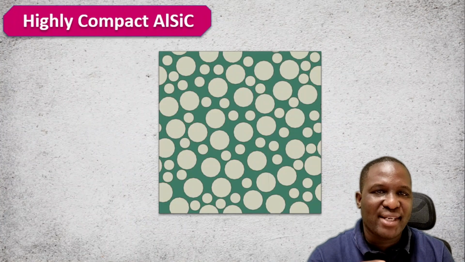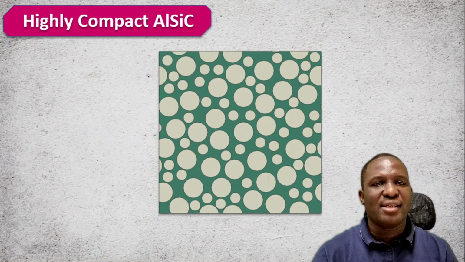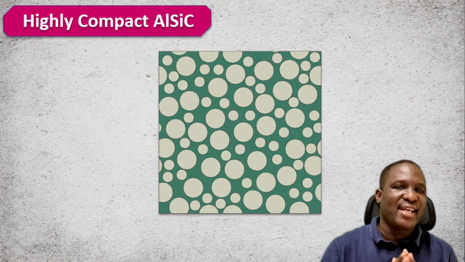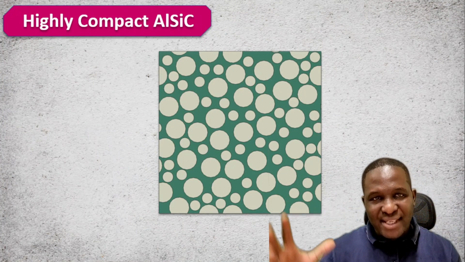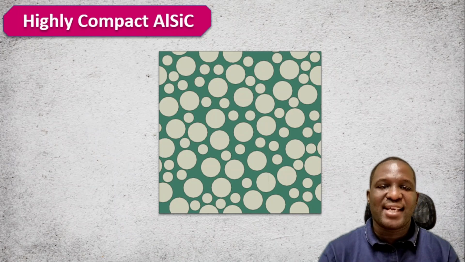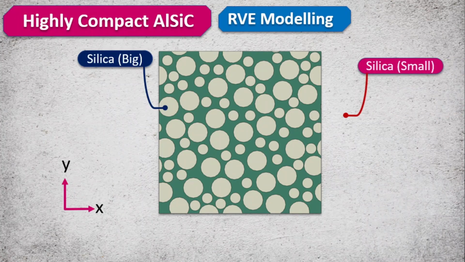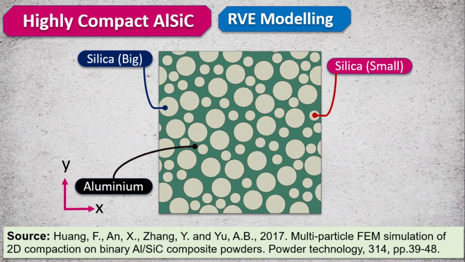A highly compacted composite, in the way that I'm using to describe it here, would basically consist of the main particles in their big sizes, which in RVE modeling, as well as the small particles. What creates that compaction is the small particles that are filling all the gaps that the big particles couldn't fit in.